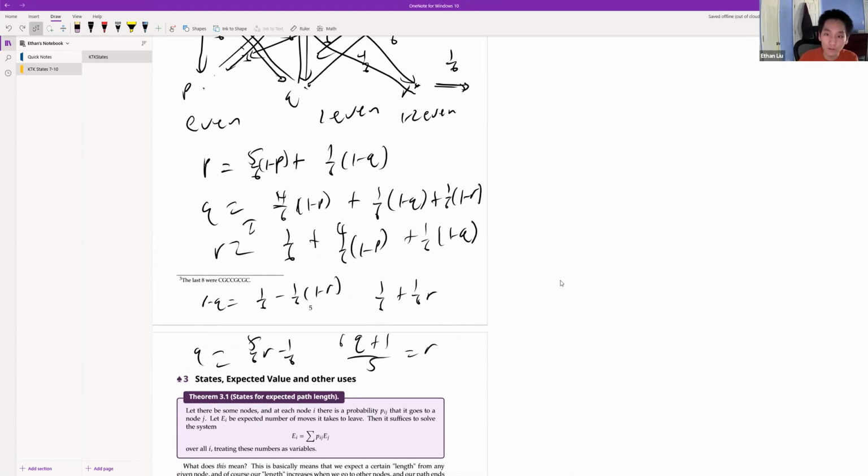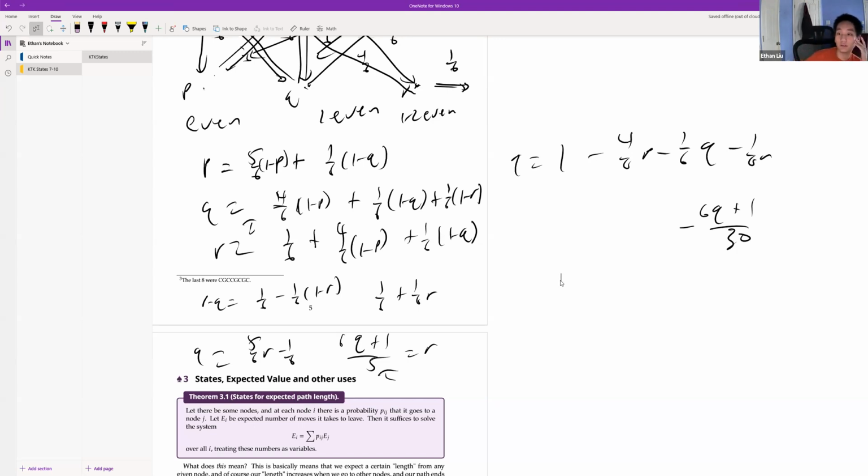So here we have Q equals 4 over 6 of 1 minus P plus 1 over 6 of 1 minus Q minus 1 over 6 R. We know that R is this thingy. We divide that by 6 and we get 6Q plus 1 over 30 is probably the best way to describe it.